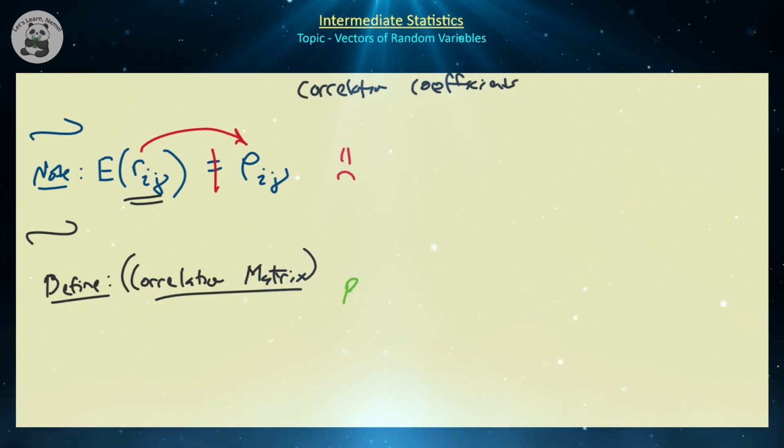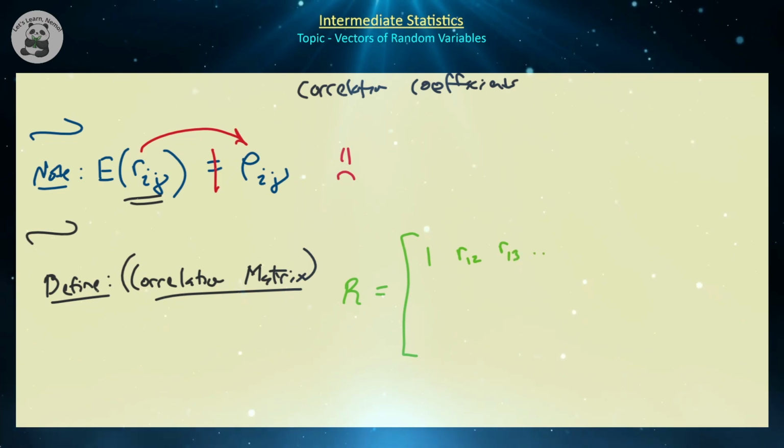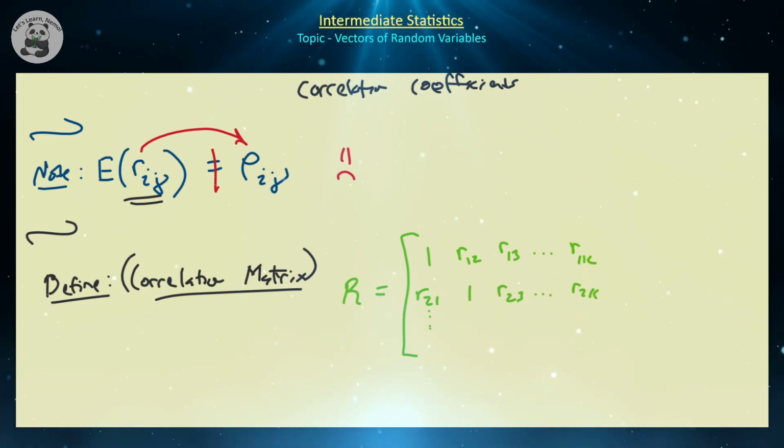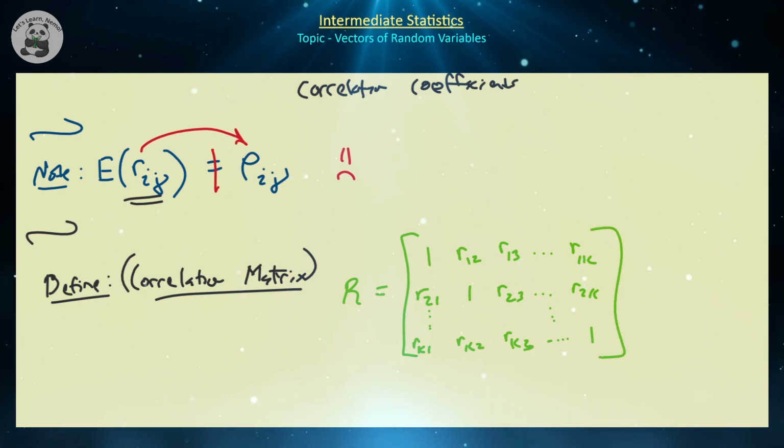We're going to define the correlation matrix to be the matrix R, and this is going to be equal to 1, R12, R13, down to R1k, and then R21, 1, R23, down to R2k, and this is going to continue all the way down to Rk1, Rk2, Rk3, all the way down to 1. And in case you aren't sure why these 1s are here, it's because the correlation between a variable and itself is always equal to 1, right?